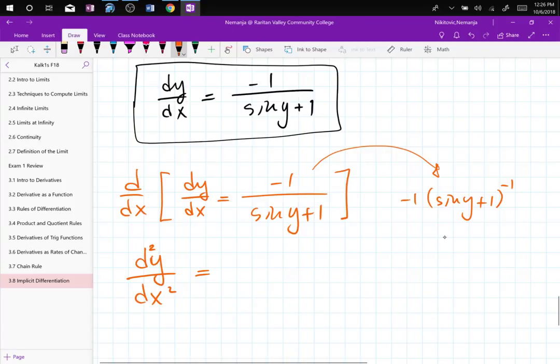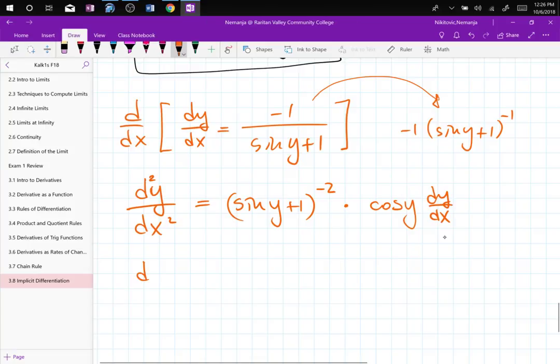So the derivative of this would be, well, negative 1 times negative 1 is 1, sine y plus 1 to the negative 2, times the derivative of the inside. The derivative of sine is cosine y, and then I have dy/dx following that.